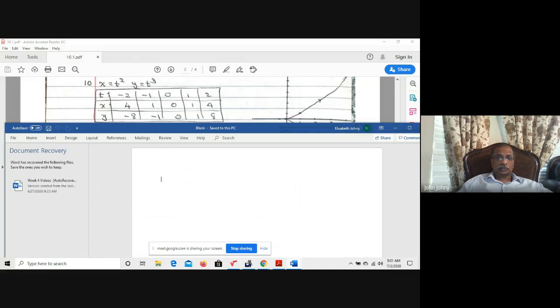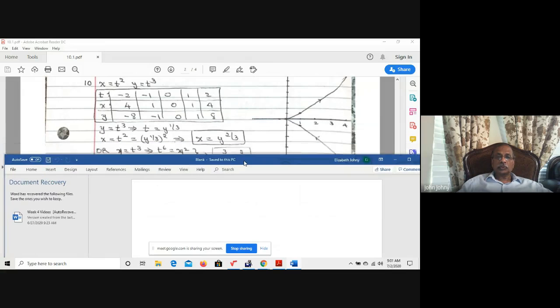Y is 0 cubed, that is 0. When t is equal to 1, x is 1 square, that is 1. Y is 1 cubed, that is 1. When t is equal to 2, x is 2 square, that is 4. Y is 2 cubed, that is 8.